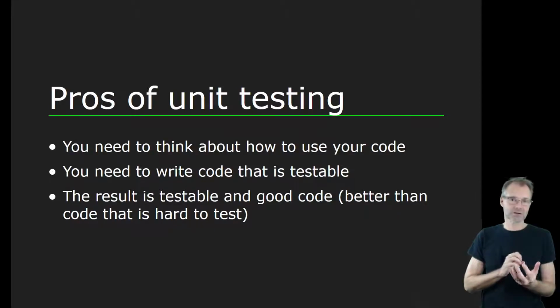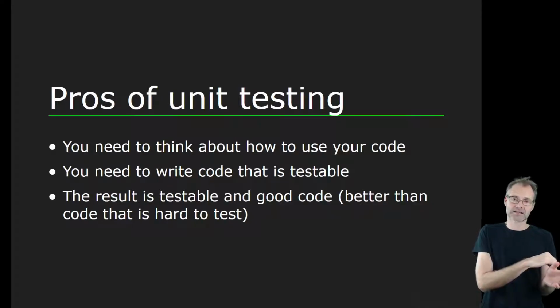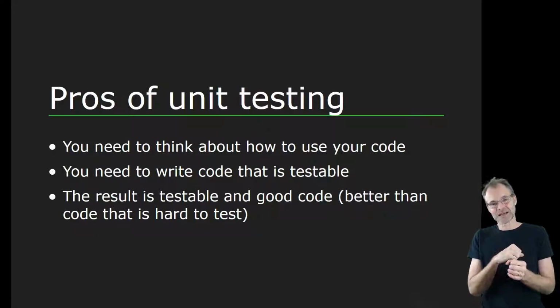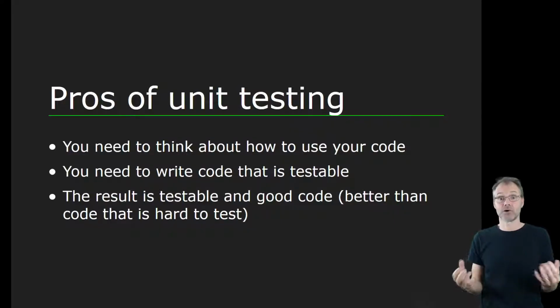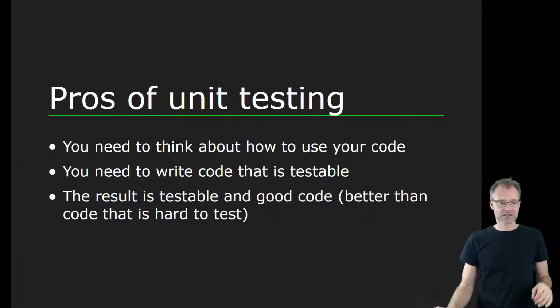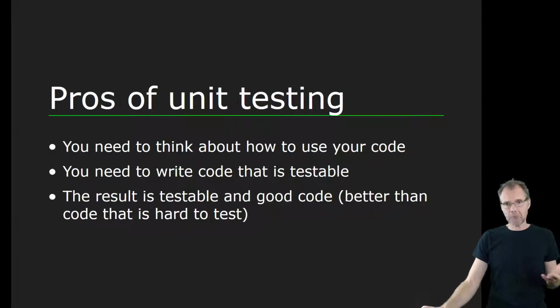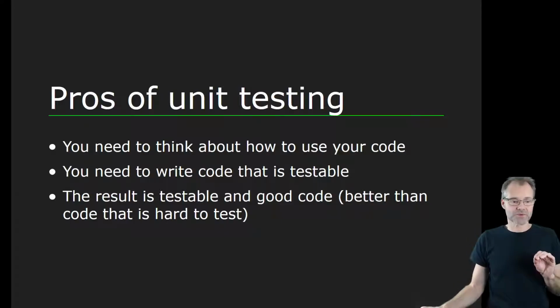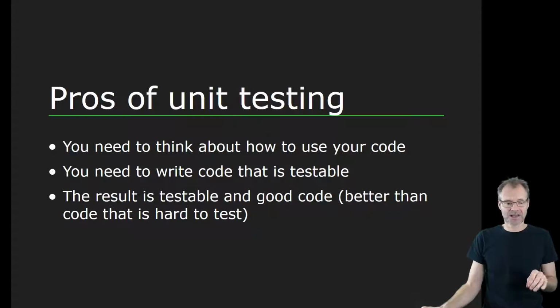And that is usually a good thing, because I need to think about that before someone else tries to use the API of my code. So maybe I could build a better API from scratch. This whole session is about writing testable code, and maybe it's true then. The result is testable, and good code at least is better than code that is not so testable. I would say that, generally speaking.